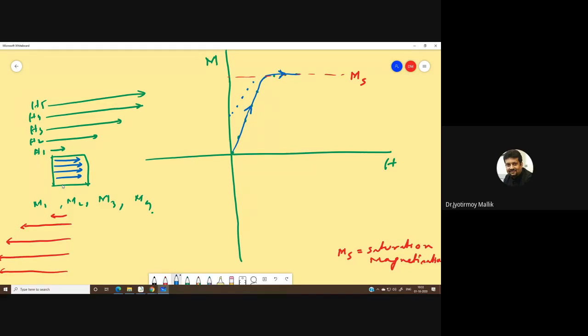Now, because I have reversed my magnetic field, there will be a point when H will be 0. There will be no external magnetic field. But what I will observe is that even if my H is 0, it will still retain some magnetization within it. That means all the magnetic moments are not random anymore. It has some permanent magnetization stored in the memory of the rock.